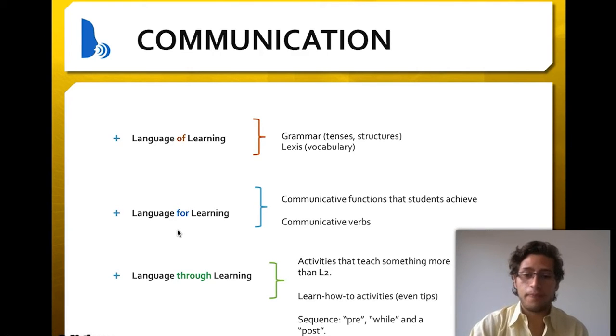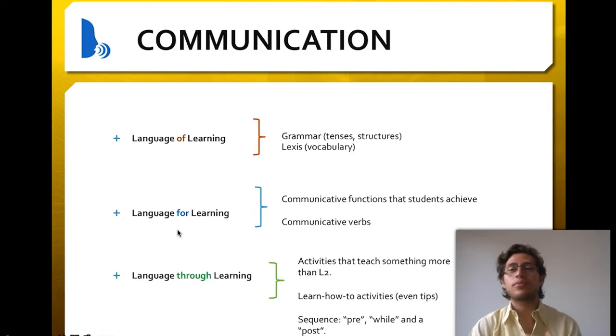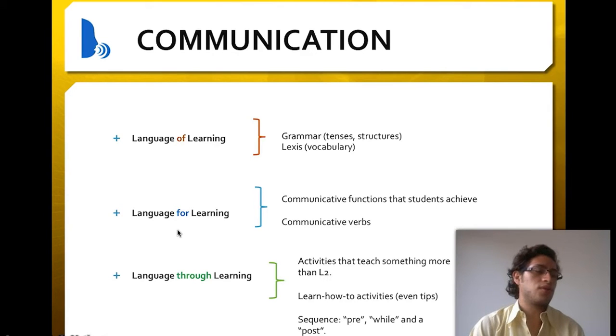Language through learning. Here we are going to place activities in which students are learning something more than language. Usually in our English learning process, we are learning how to handle technological devices, we are learning how to create big posters, we are learning artistic skills, hand skills.